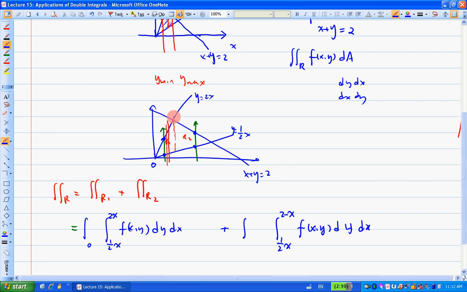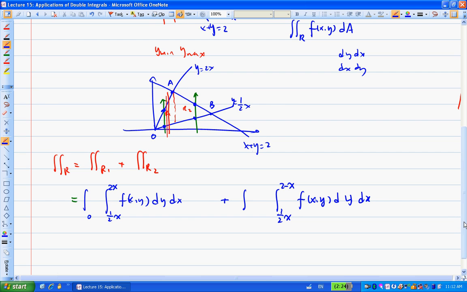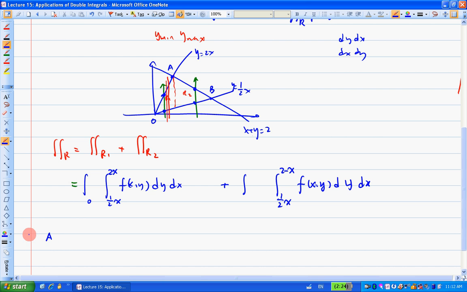So the question here is, what will be the x value at this location? So how do you find that? You're going to solve the coordinates here, and this is a point intersected by y equal to 2x and x plus y equal to 2. So let's call this point A, and this one, you call point B. So for point A, it's the solution of y equal to 2x and x plus y equal to 2.